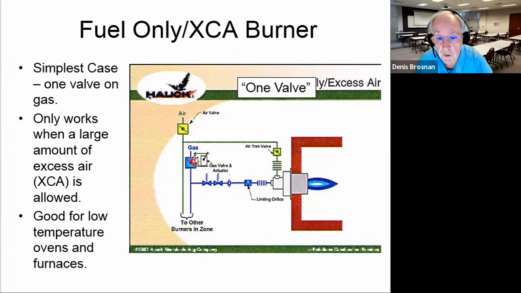These valves are not talking to each other. They're not linked together. We manually adjust them in the one valve system to get the right fuel and air input. And so this is probably the simplest and oldest type of system with gas and air burners.